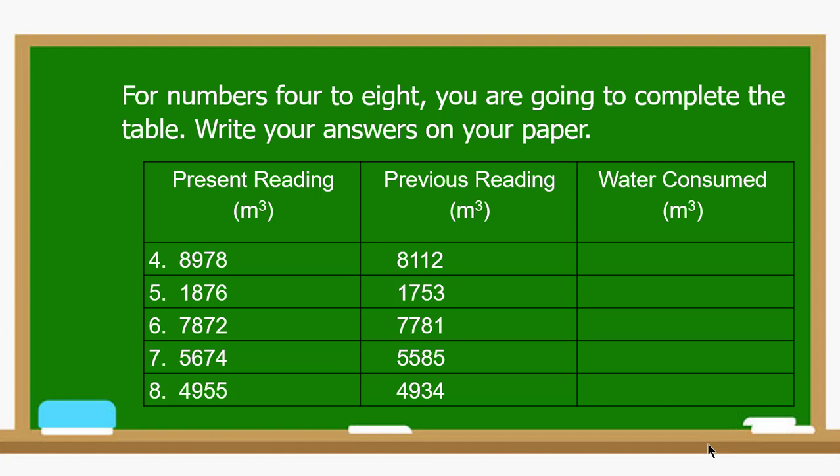And on the third column, we have your water consumed. Number 4, present reading is 8,978 meter cube, and the previous reading is 8,112 meter cube.